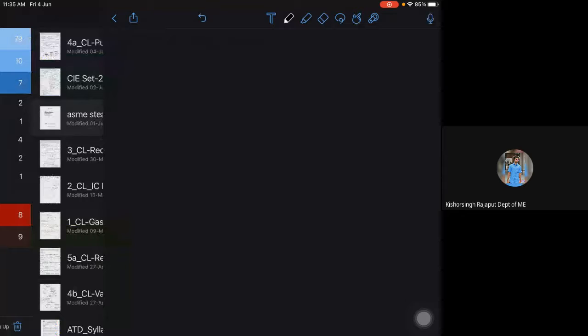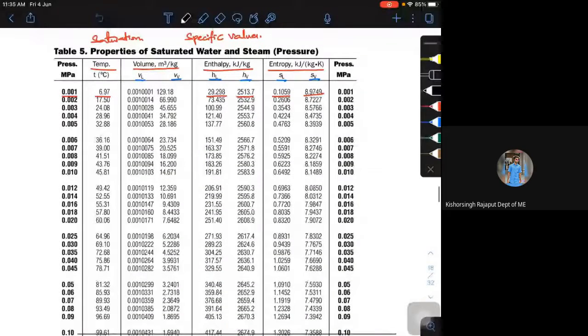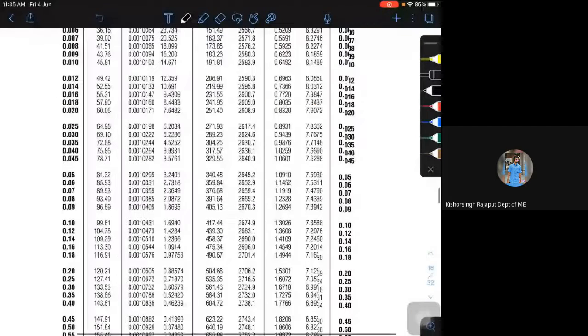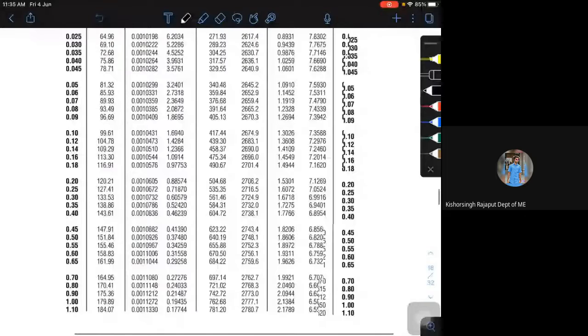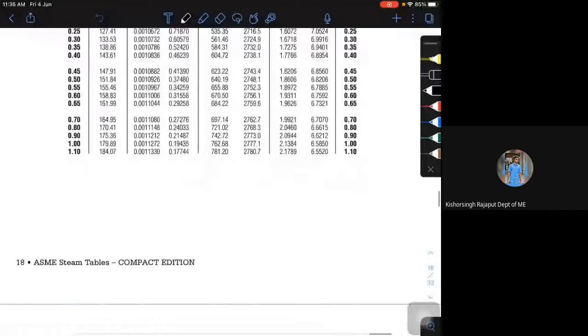Okay, fine. So this is based on pressure. Look at this. This is 1 megapascals. So what you should do is go to this 1 megapascals. Corresponding to that, look at the temperature, 179.89.